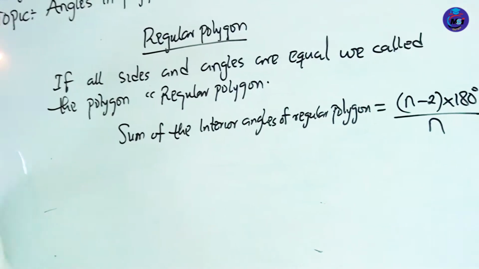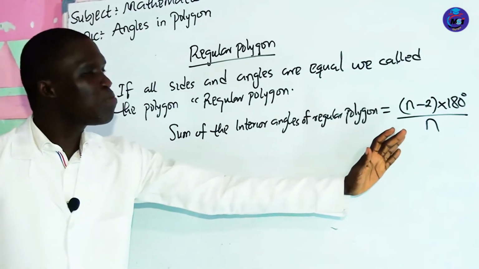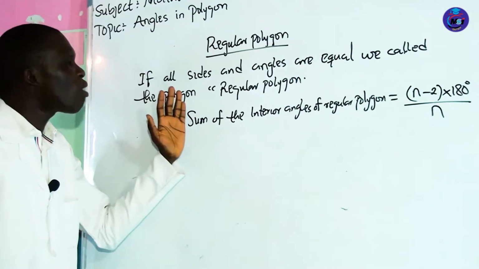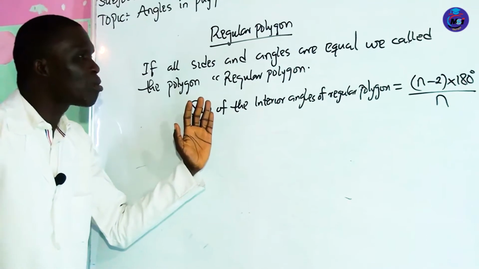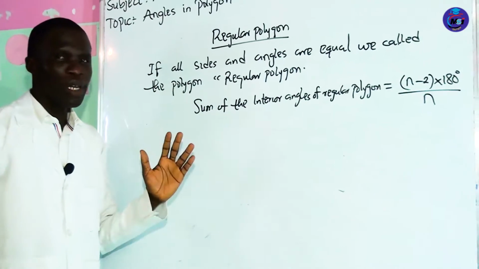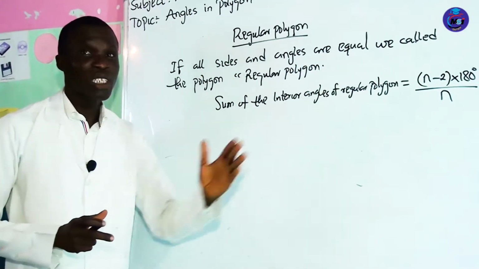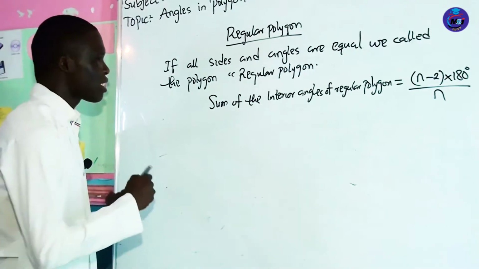Remember, this formula can only be used when you have all sides and angles of a polygon that are the same. So that is when you use this formula. Now let me give you an example of that.